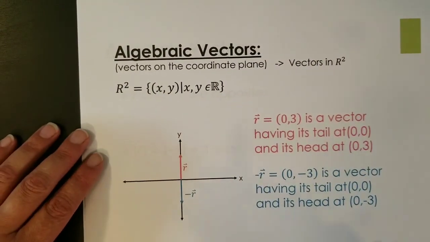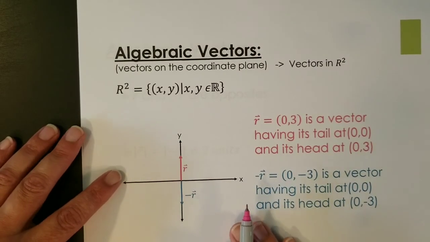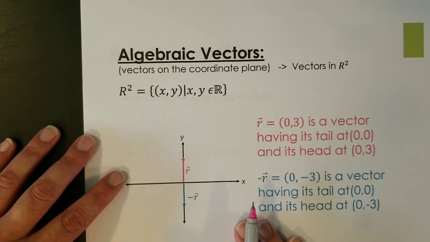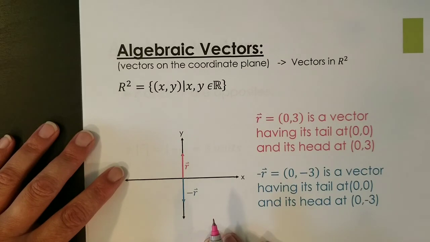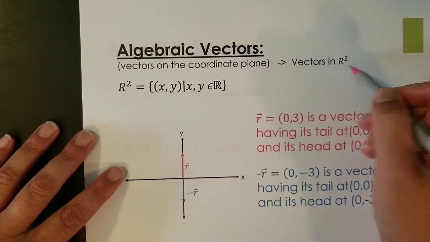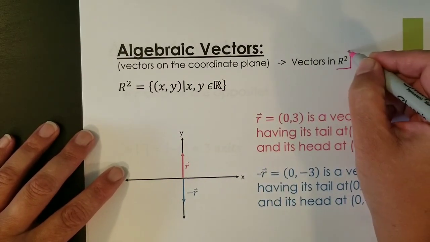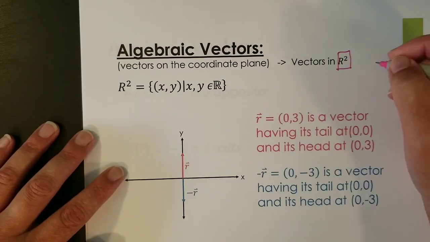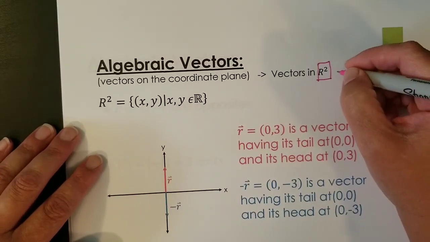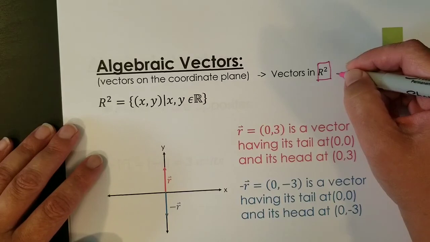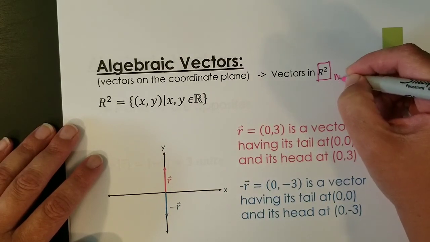So algebraic vectors, and we will do a lot more on this later in the unit, are vectors for now in R2. Now R2 is the normal XY plane that you have always dealt with, and we're just going to define it a bit more rigorously.